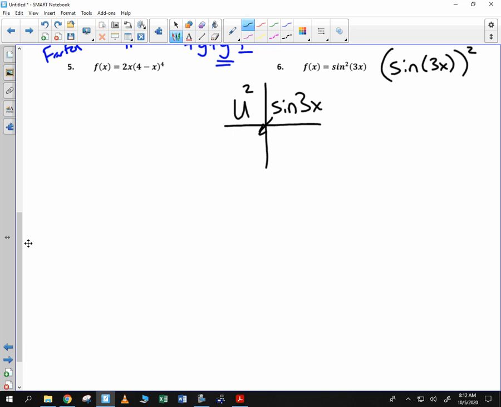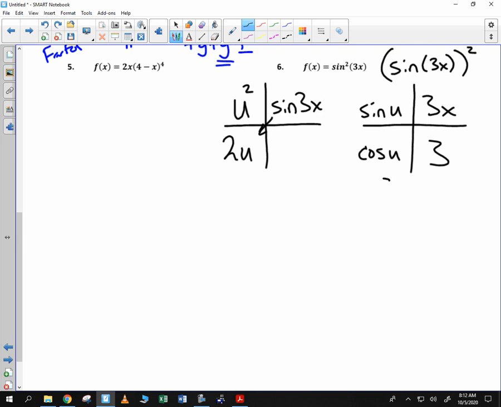What's the derivative of u squared? It is 2u. What's the derivative of sine of 3x? That requires the chain rule again. We have sine of u, and we have 3x. The derivative of sine of u is cosine of u. The derivative of 3x is 3.